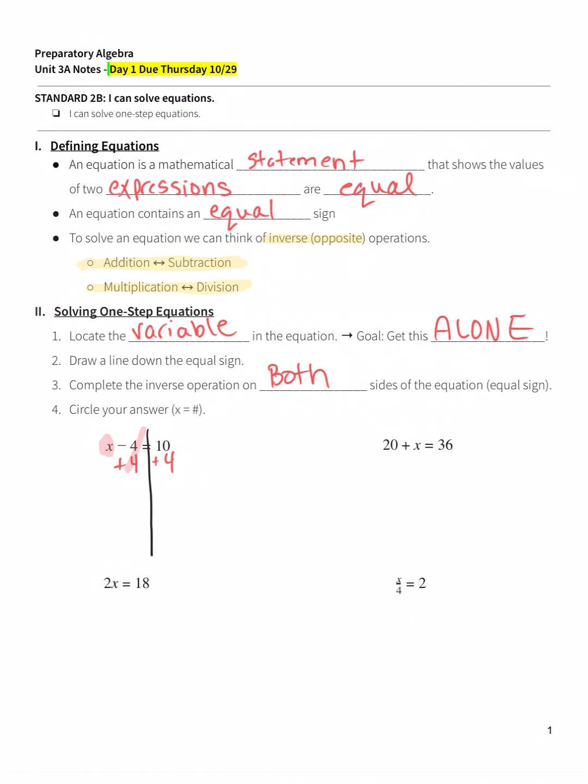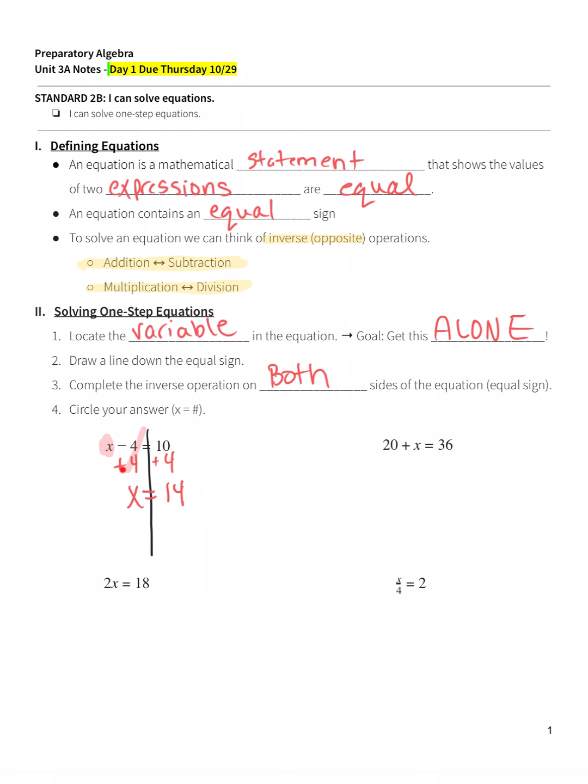So it's gone. And we are simply left with our x on this side. And on this side, we have 10 plus 4, and 10 plus 4 is equal to 14. So when we look at this equation, we can determine the value of x because these two sides are equal. X is equal to 14.